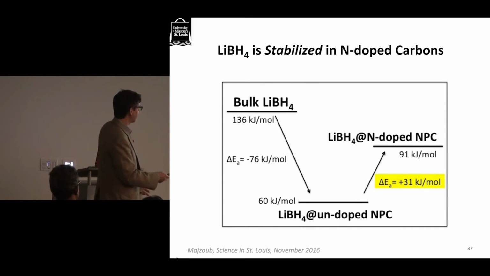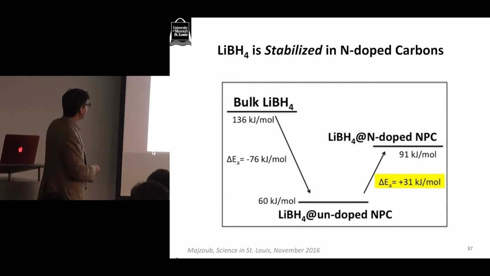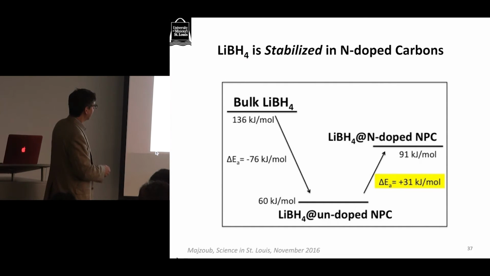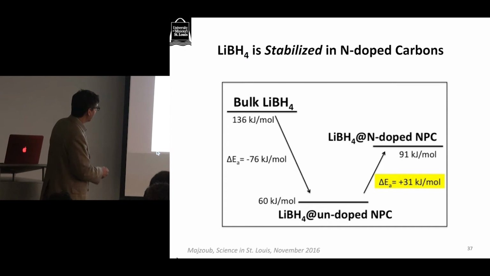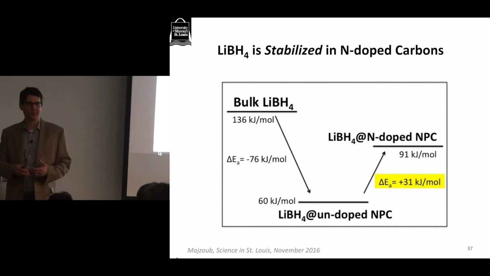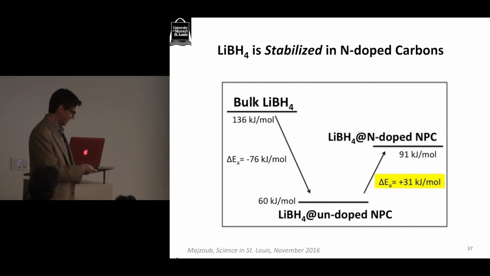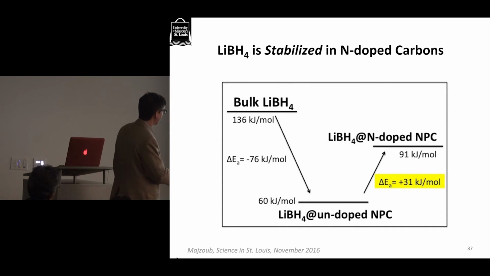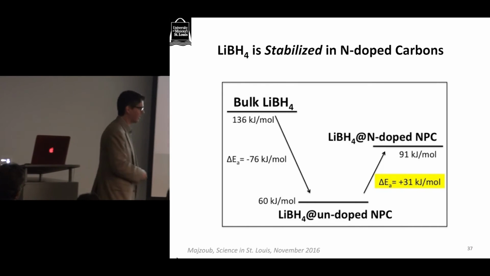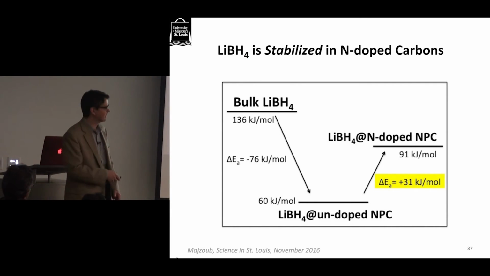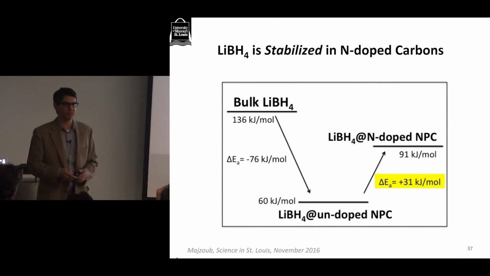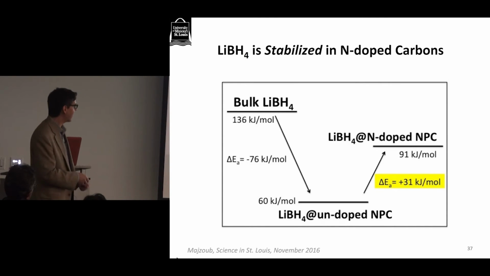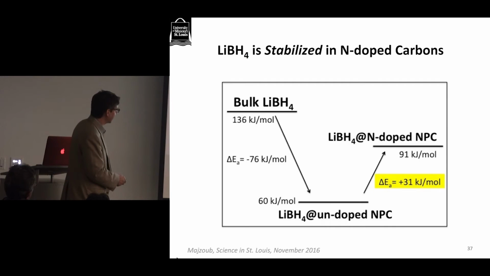To show you this result in a very simple graph, if I have bulk lithium borohydride and I put it into just a pure bare carbon, there's an activation energy for the decomposition of the material, and it drops to a large degree when you infiltrate it into a nanoporous carbon framework. If you dope the carbon framework with nitrogen, or functionalize it with nitrogen heteroatoms, as I've described, then you see that energy goes back up.